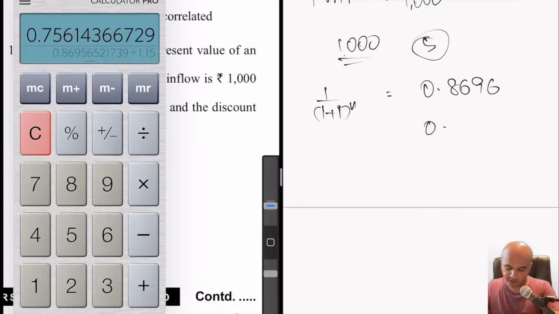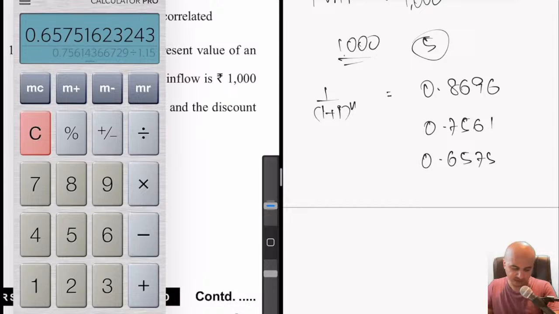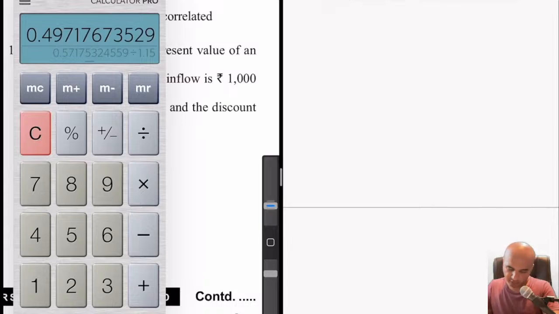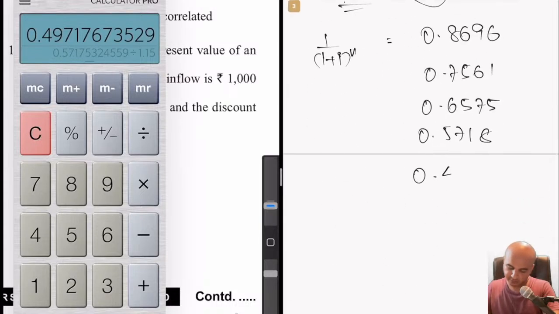Second year, just press equal, you will get the second year value, 0.7561. Then third year it is 0.6575. Fourth year it will be 0.5718, I'm just rounding it off. And lastly 0.4972.